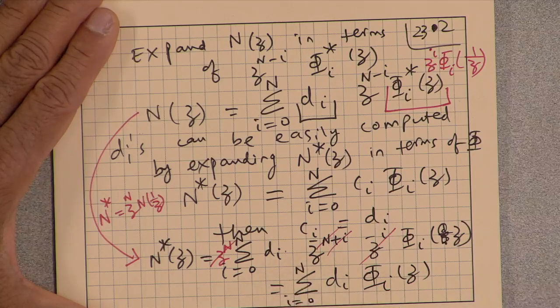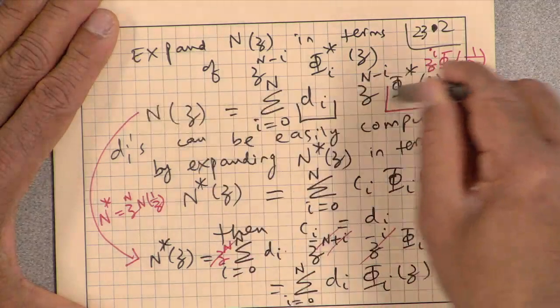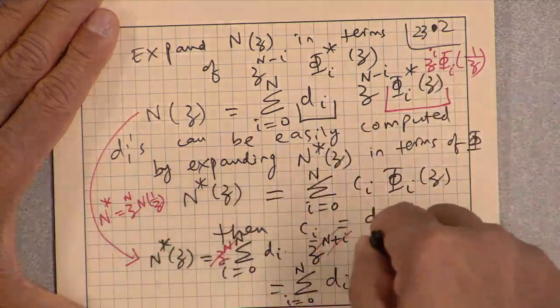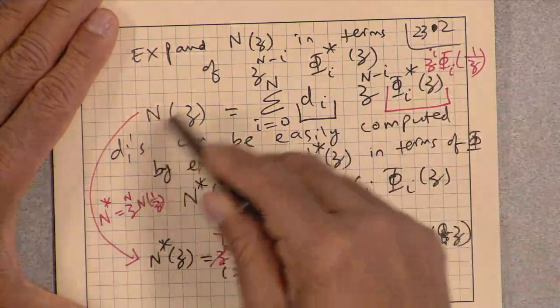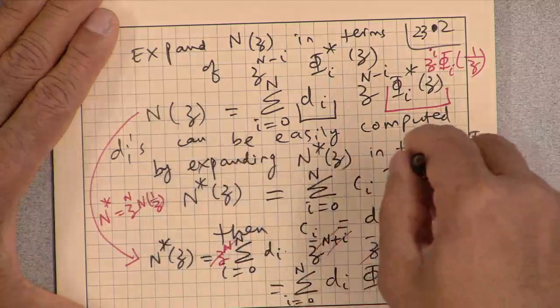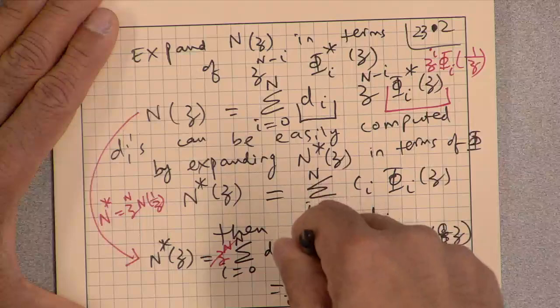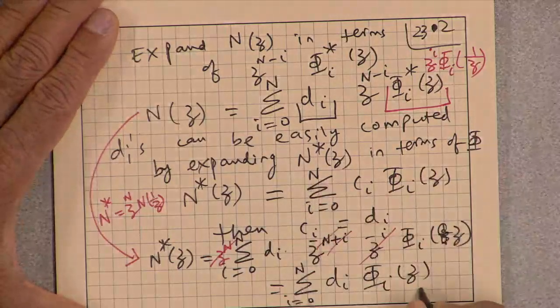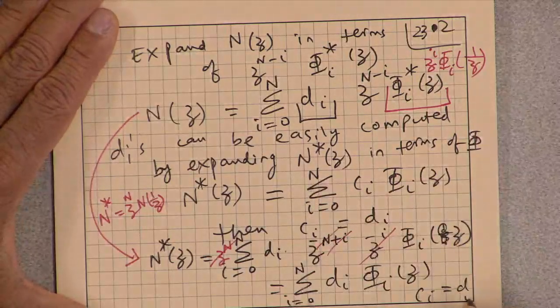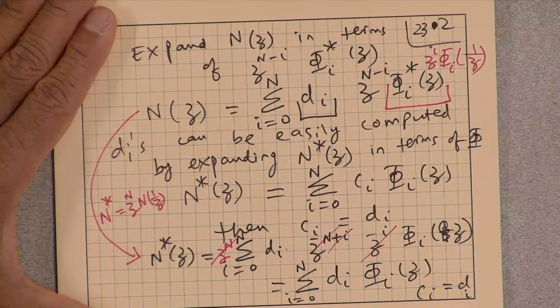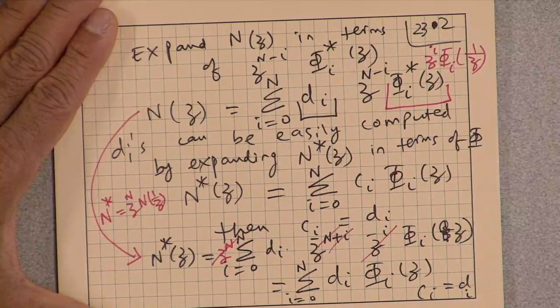So that completes the proof that from this equation n star is equal to this quantity. If I had expanded n star using phi I and obtained the coefficient ci, those then must equal di. So that shows ci is equal to di. Okay, that completes the proof of that.